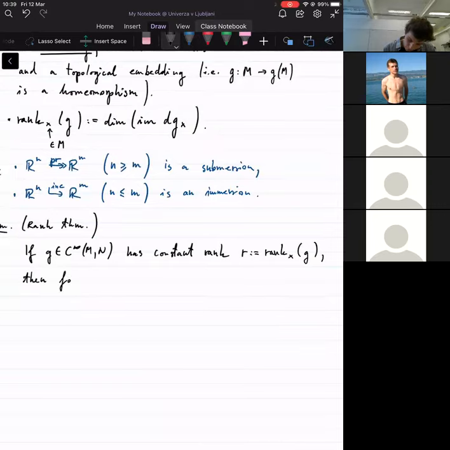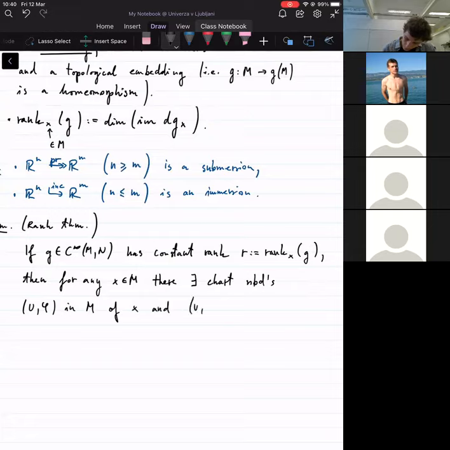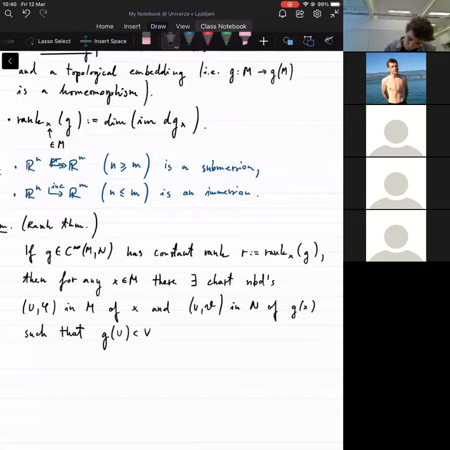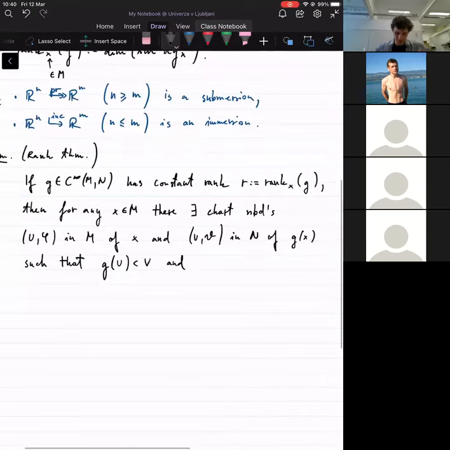Then for any x in M, there exist chart neighborhoods U, phi in M of x, and V, theta in N of g of x, such that g of U is under V, and, drum roll, we have the following beautiful equality.